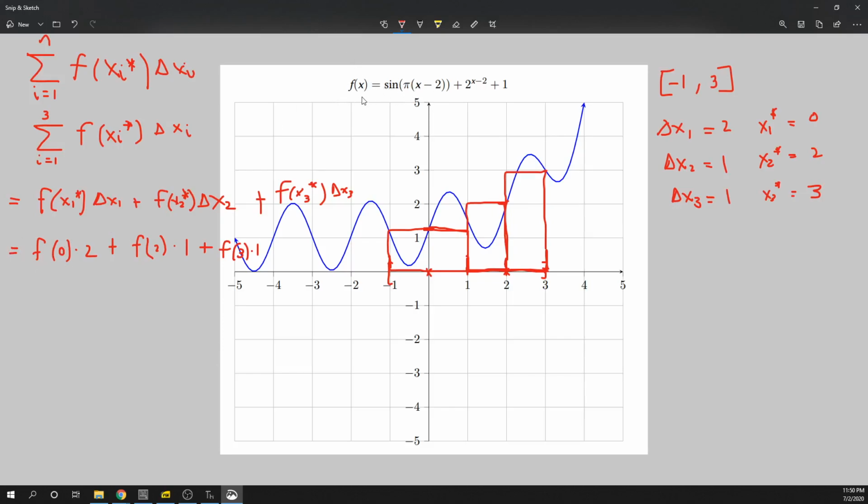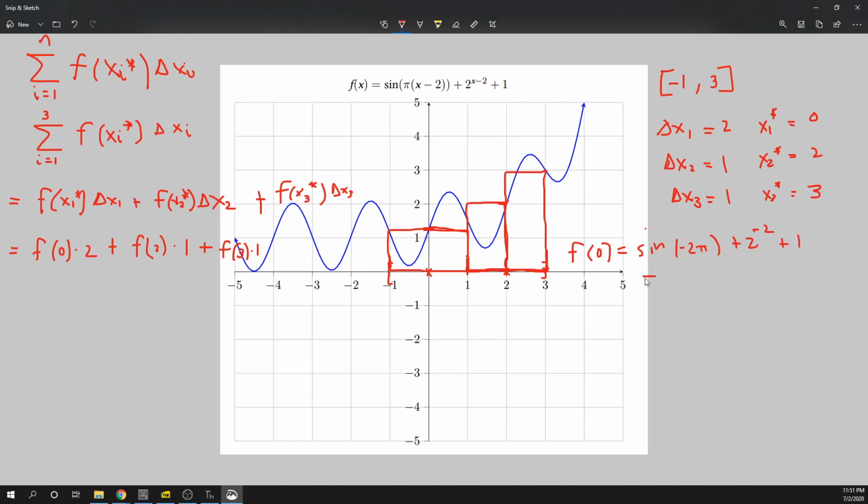All right, so now we're at the point where we actually need to start plugging these numbers into the formula, into the function, to figure out how tall these rectangles are. So let's do that. The first number that we need is f of 0. So when I plug a 0 in here, I get sine of minus 2 pi plus 2 to the minus 2 plus 1.